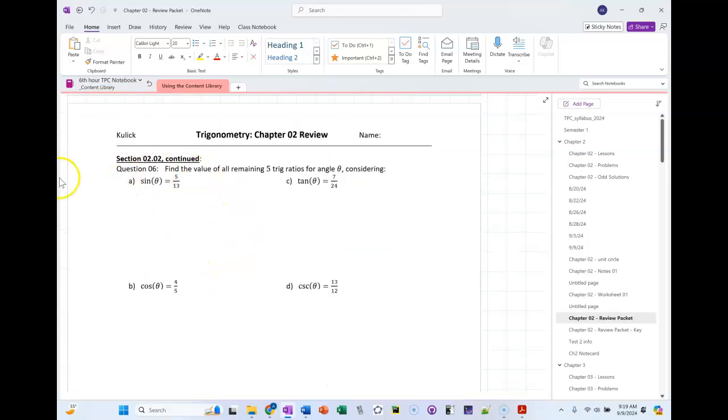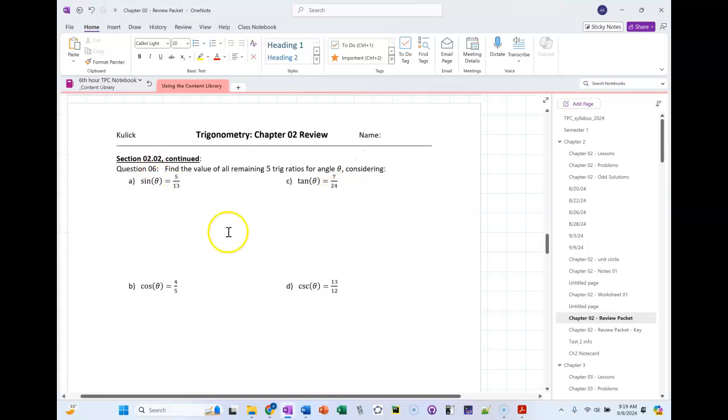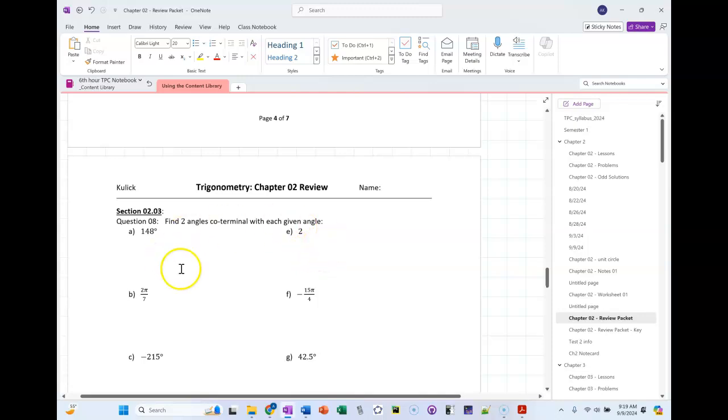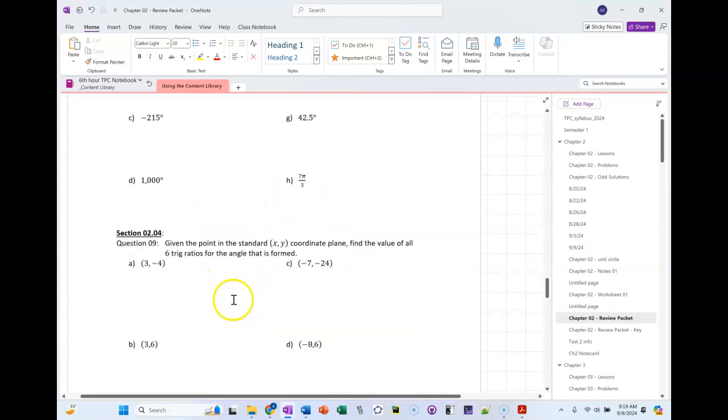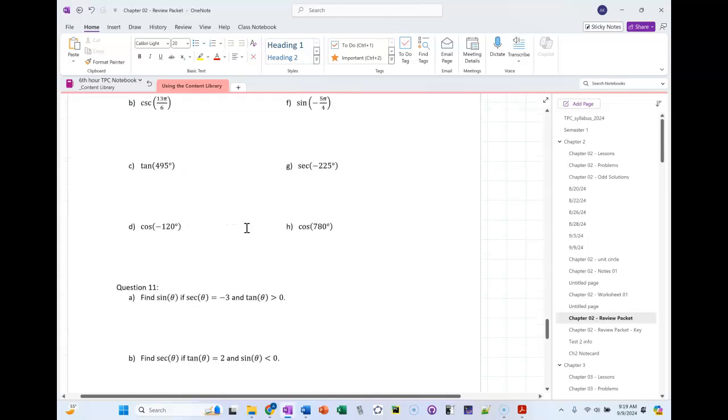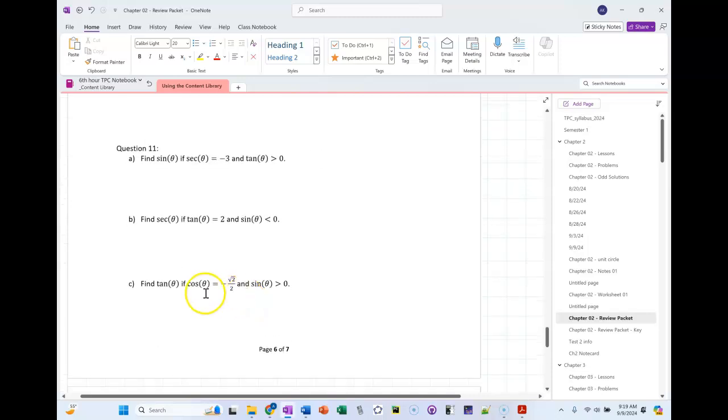Here's a single trig function, find the other 5. Here's some coterminal stuff. Here's a point on the terminal side of a standard position angle. Here's some unit circle. Here's a given trig function and the sign of another.